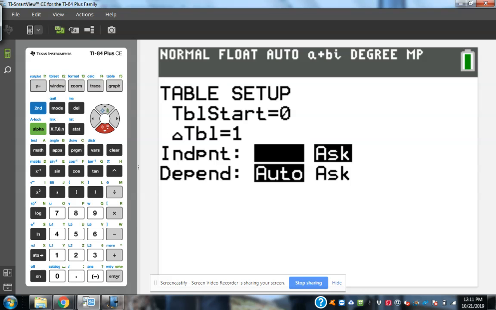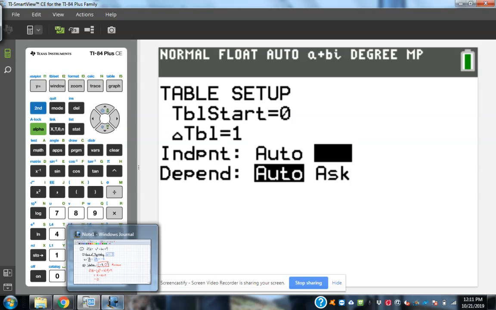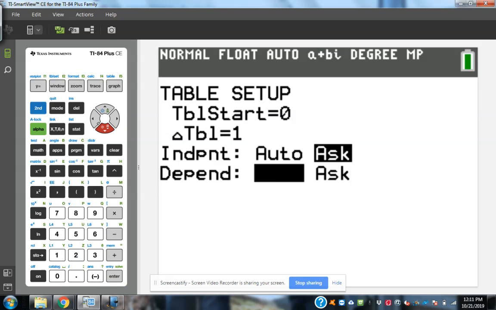So if yours was set to auto, it would look like that. Press the arrow down, move it to ask, and hit enter. You want the dependent set to automatic. Okay, so auto on dependent, ask on independent. What this allows us to do is tell it which X values we want it to calculate.